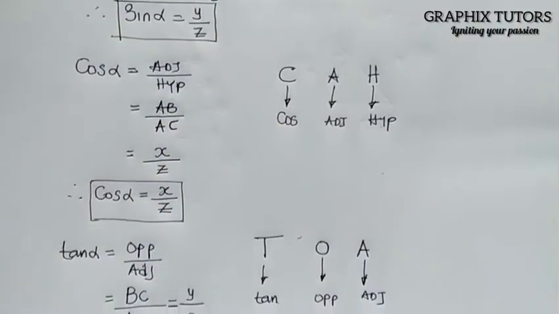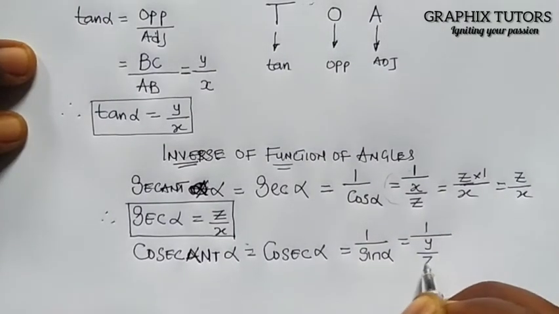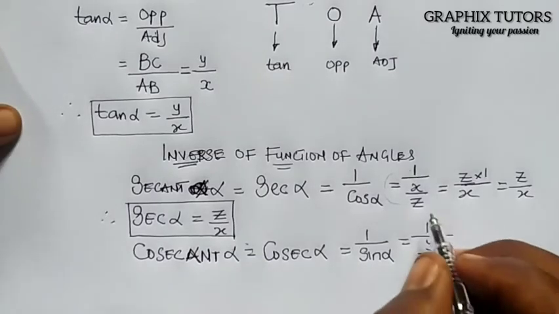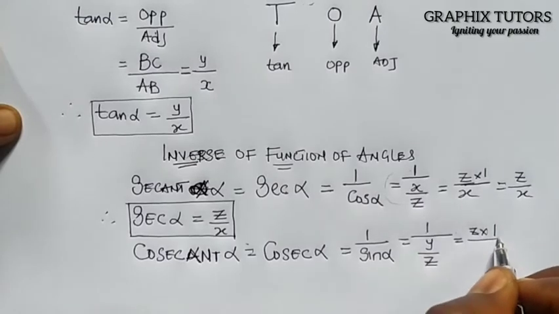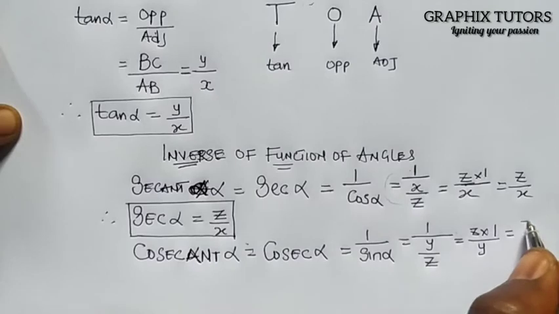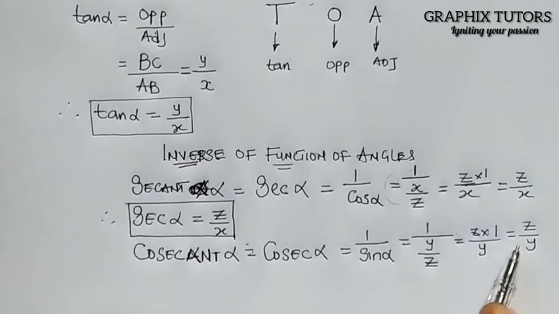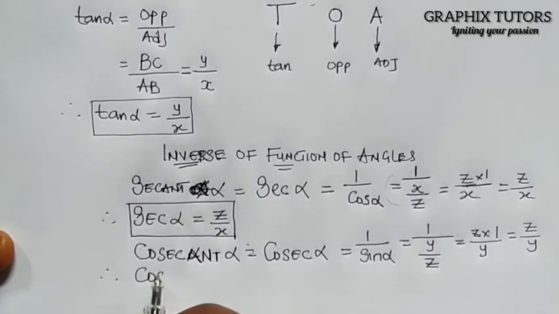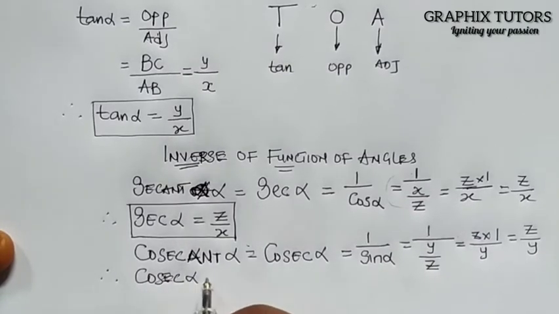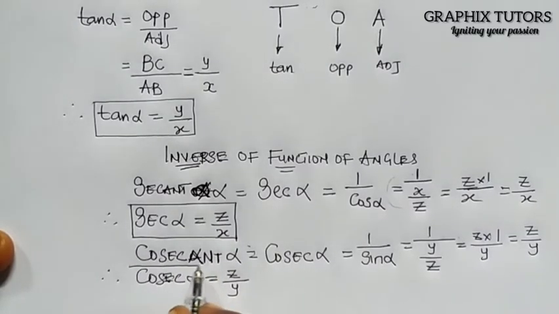Y over Z. So we're having Y all over Z, which is the same thing as saying Z times 1 all over Y, and that will give me Z over Y, because Z times 1 is Z. Therefore, we say that my cosec alpha is equals to what? Z all over Y, right? And that will give me this.